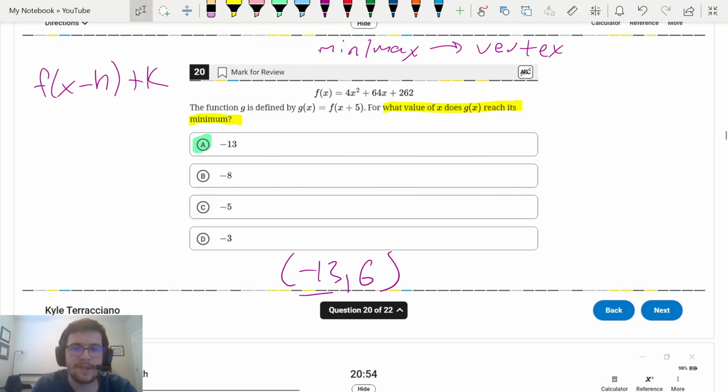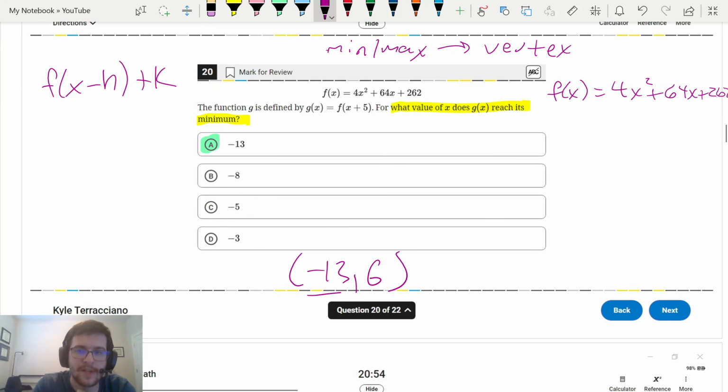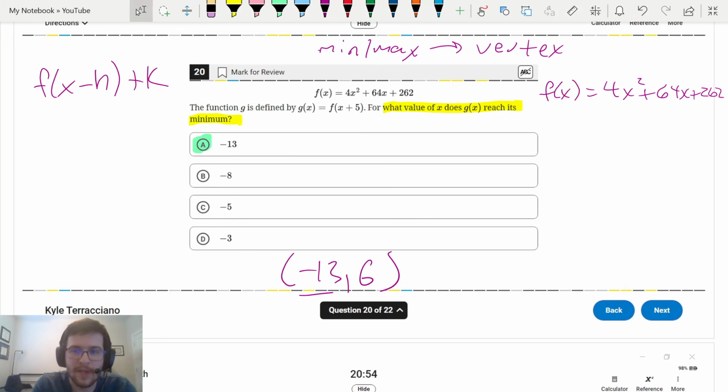What I would do is I would find the x coordinate of the vertex, which is what it's asking you, by using the formula, which we call h, by the way.